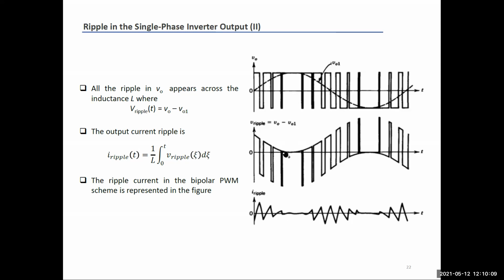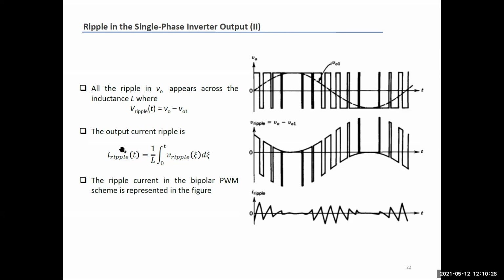In this region, where the V ripple is very small, almost zero, the current ripple is also very small. So the ripple is not constant. The ripple has a variation which is something like this.